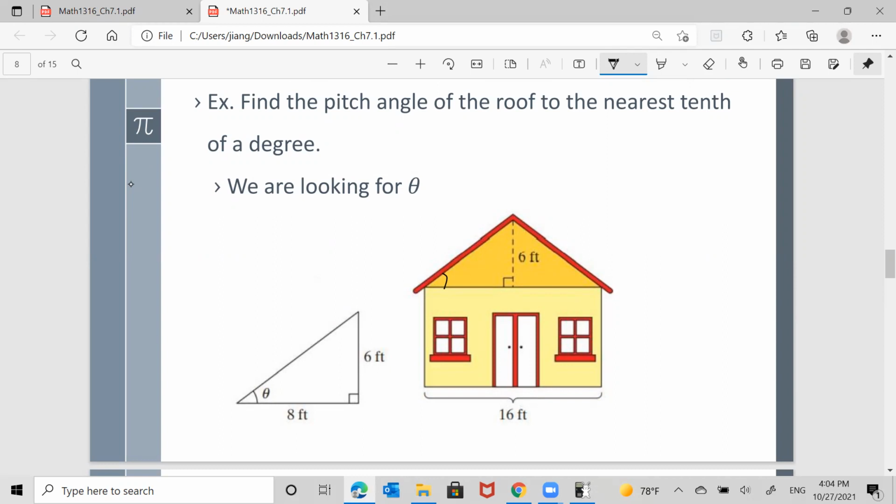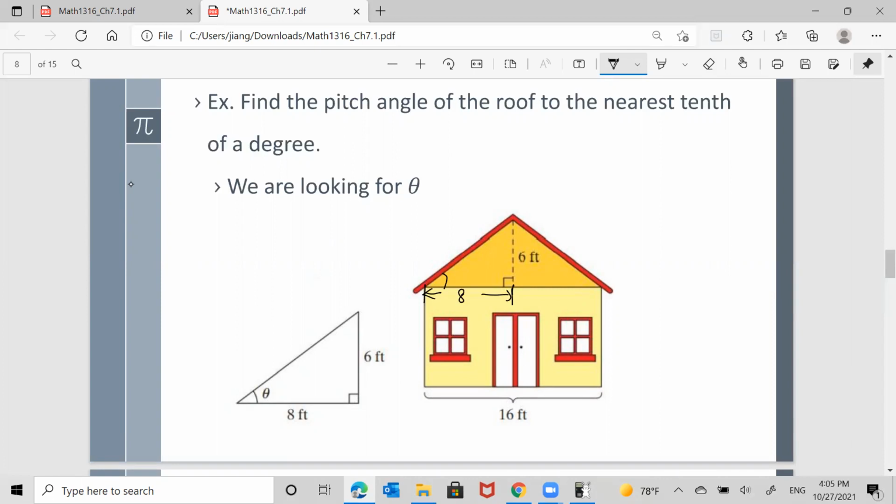If we are looking for the angle here, we need to know something in this right triangle. They provide that from here to here is 16 feet, so half of that, from here to here, is 8, because 16 over 2 is 8.